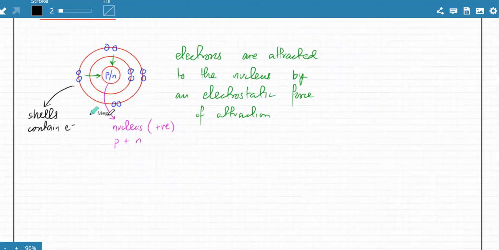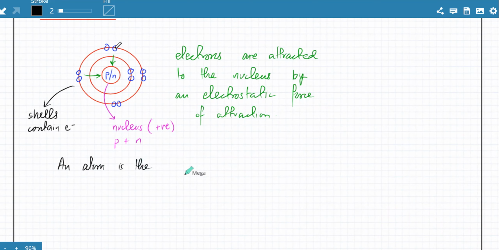So starting with the very basics, an atom is the simplest, smallest building block of matter.